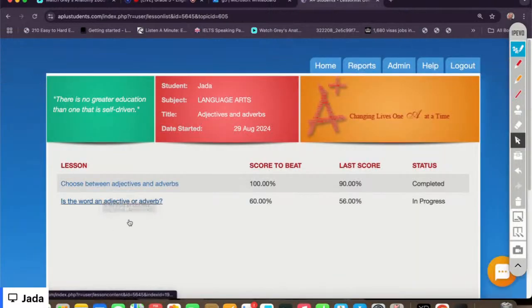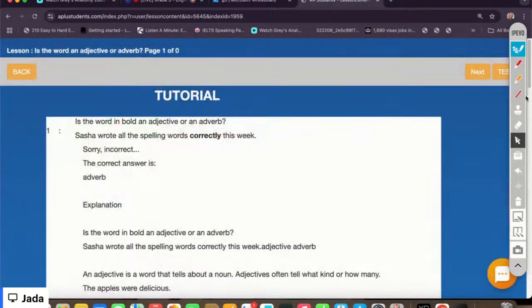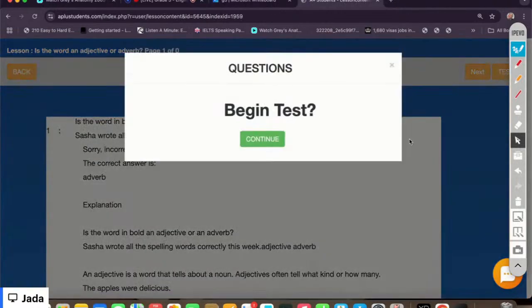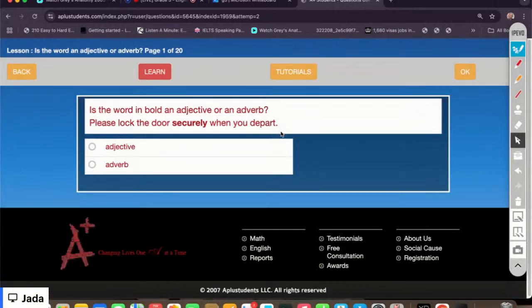So is the word an adjective or an adverb? So this is a new one. Okay, so we have this one. Is the word in bold an adjective or an adverb? So the word in bold: please lock the door securely when you depart. So which is this, adjective or adverb?